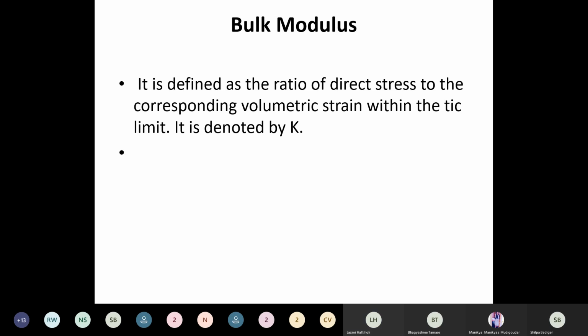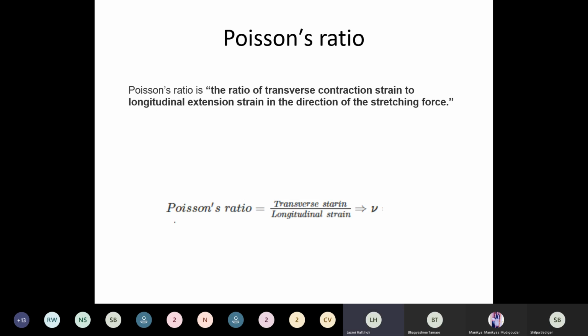Okay, so the last elastic constant is Poisson's ratio, which you have already studied. But let me repeat it once again. So we know the definition. Poisson's ratio is the ratio of lateral strain by linear strain.